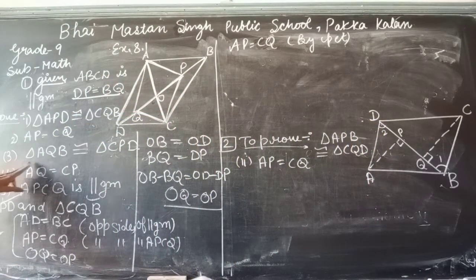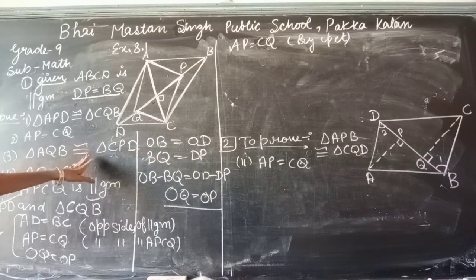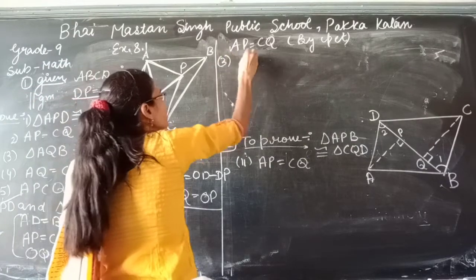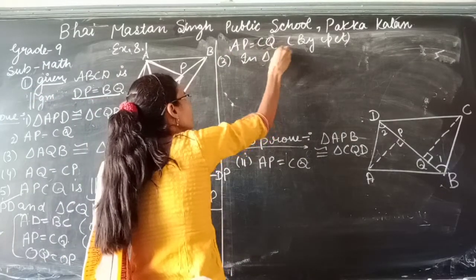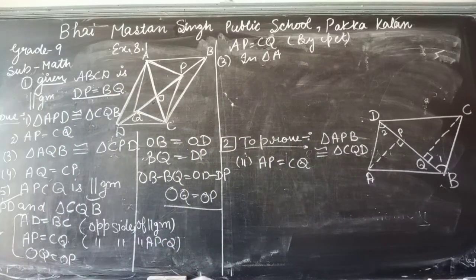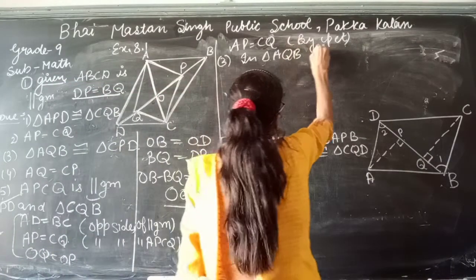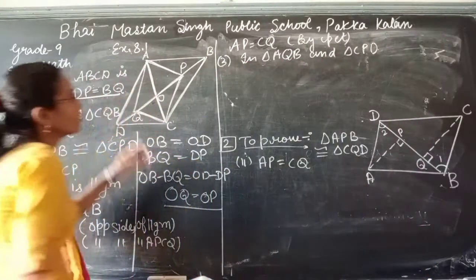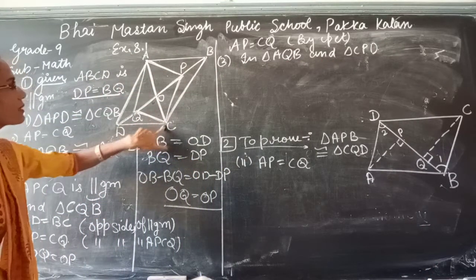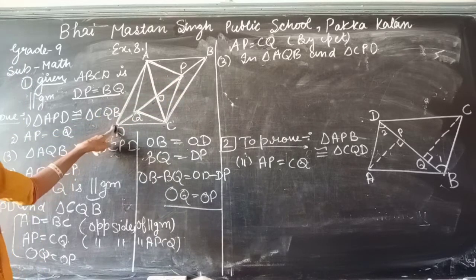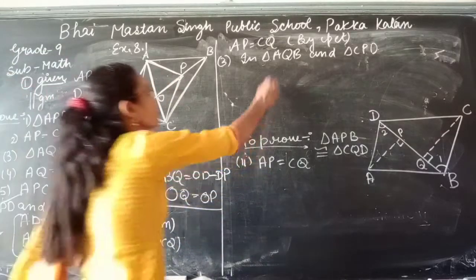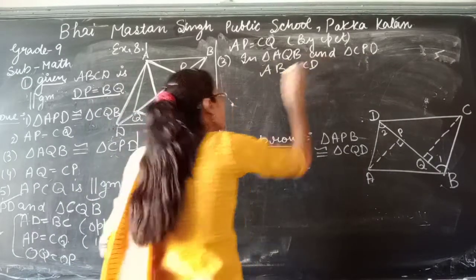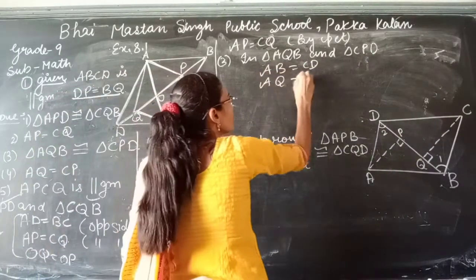Next, the third part is triangle AQB and triangle CPD. In these triangles, firstly AB is equal to CD. Next, AQ is equal to CP. Why?